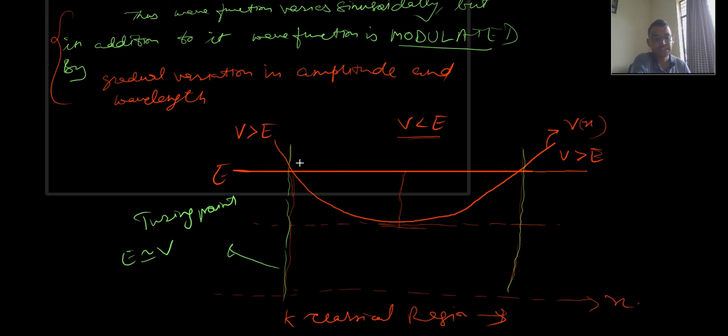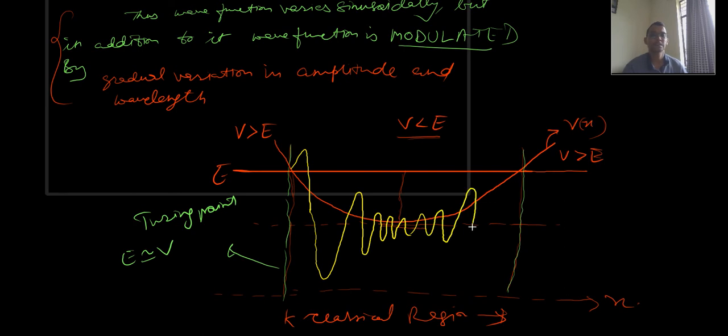In this region it was like this, amplitude varies like this, it also decreases, wavelength also decreases, sorry, it's like this, and wavelength slightly increases, and so like this, right?